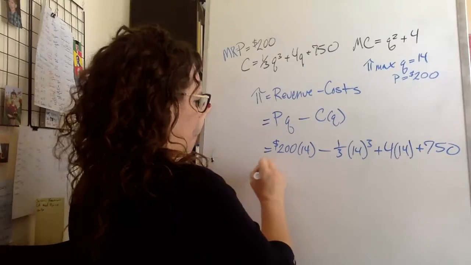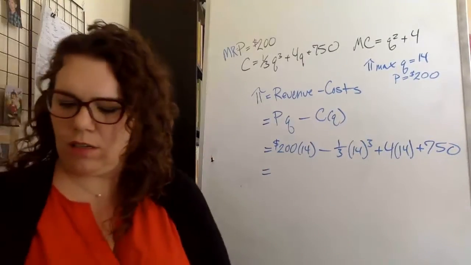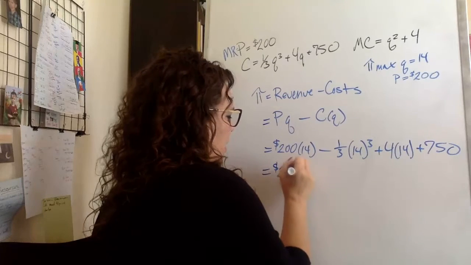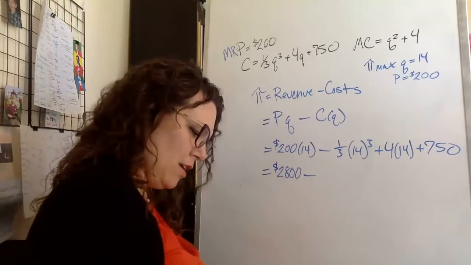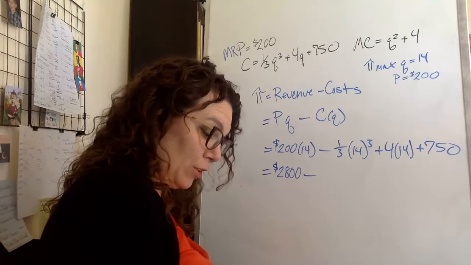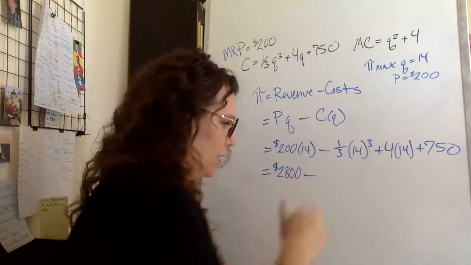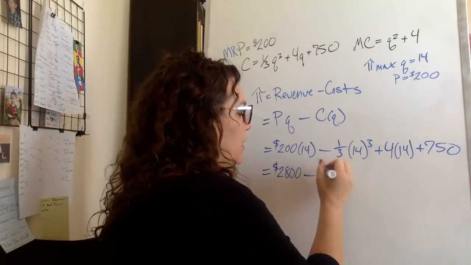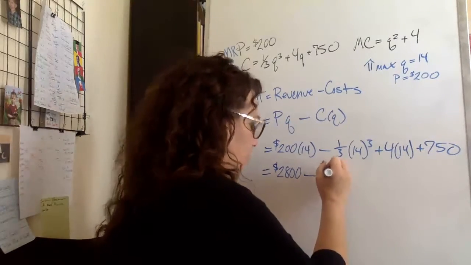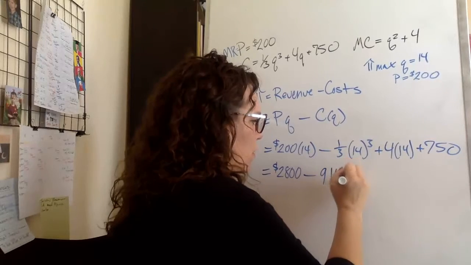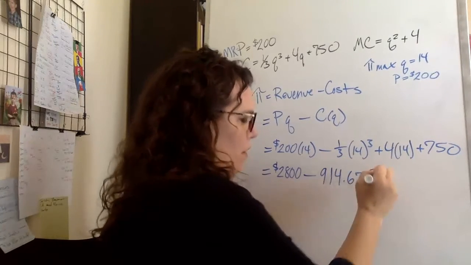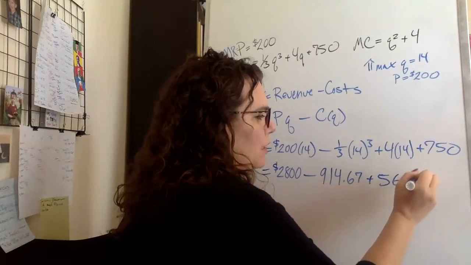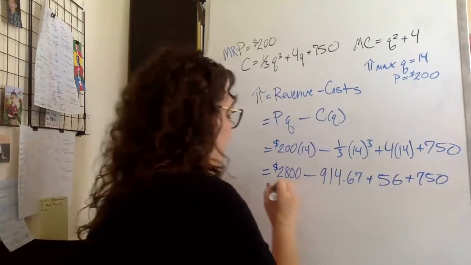I got it all calculated already. $2,800 minus 14 to the third times 1/3 is going to be 914.66 repeating. And 4 times 14 is 56, plus 750.